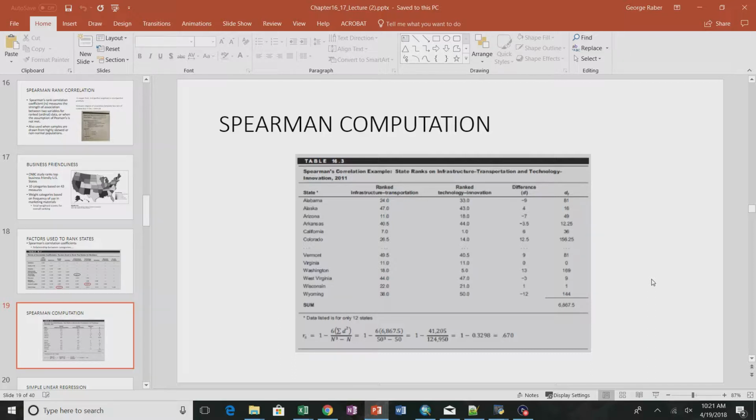If it was three, you would average 11, 12, and 13, and they would all have 12. Does that make sense? Now, if there were four, 11, 12, 13, and 14, you would average 11, 12, 13, and 14, and so they would all be 12 and a half. And then the next values would continue after that. Exactly. That's how you do it.